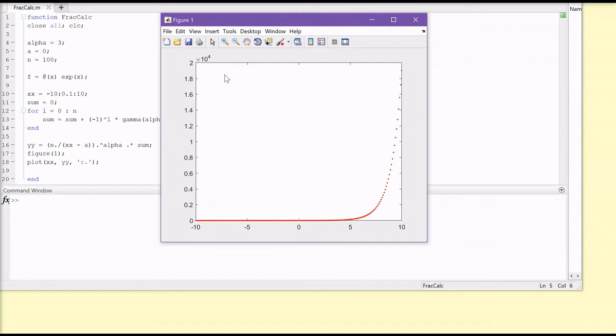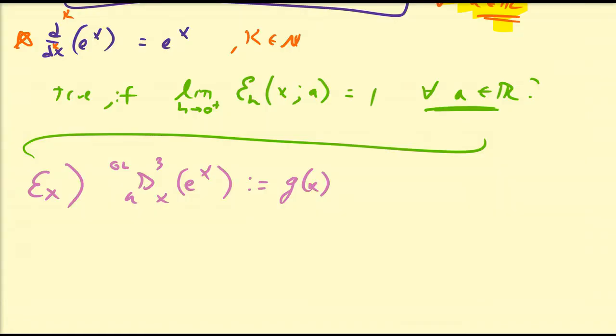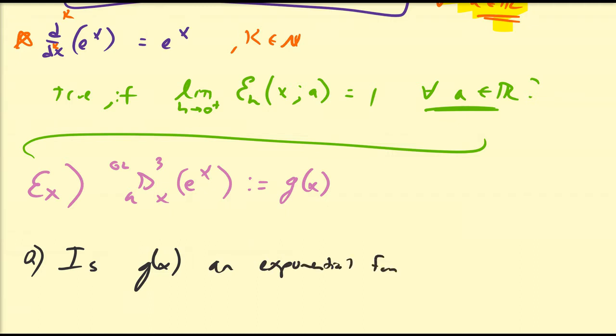So let's just do a quick review on how to transform data points. The question that we seek to answer now is, is g of x an exponential function? At least for a not equal to minus infinity, right?